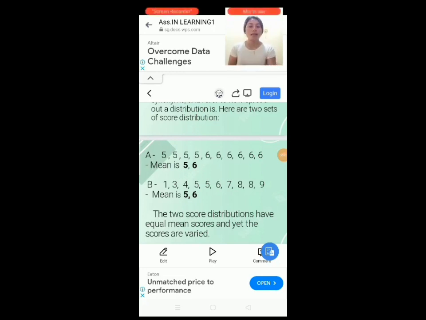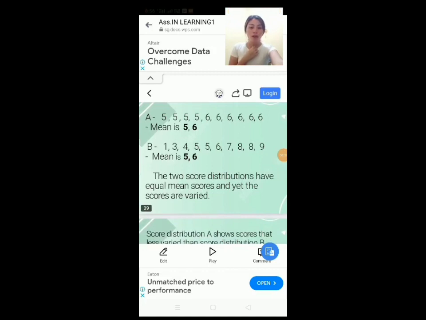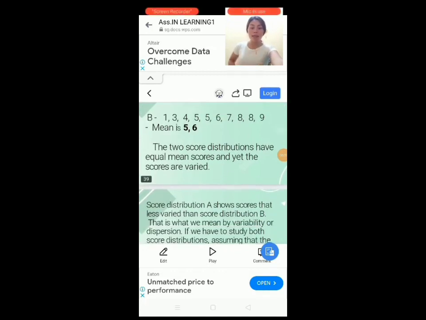The mean of set A is 5.5. Set B is 1, 3, 4, 5, 5, 6, 7, 8, 8, 9, and the mean is also 5.5. The two score distributions have equal mean scores, and yet the scores are varied.